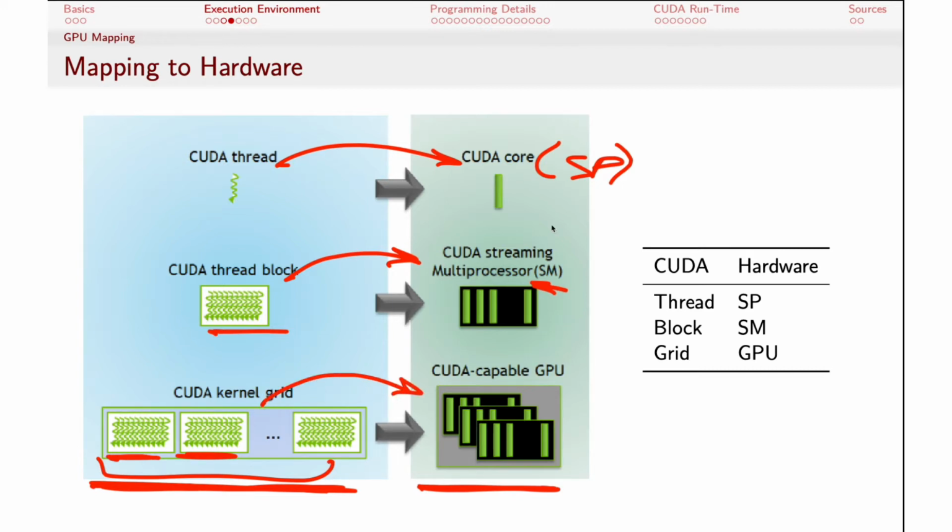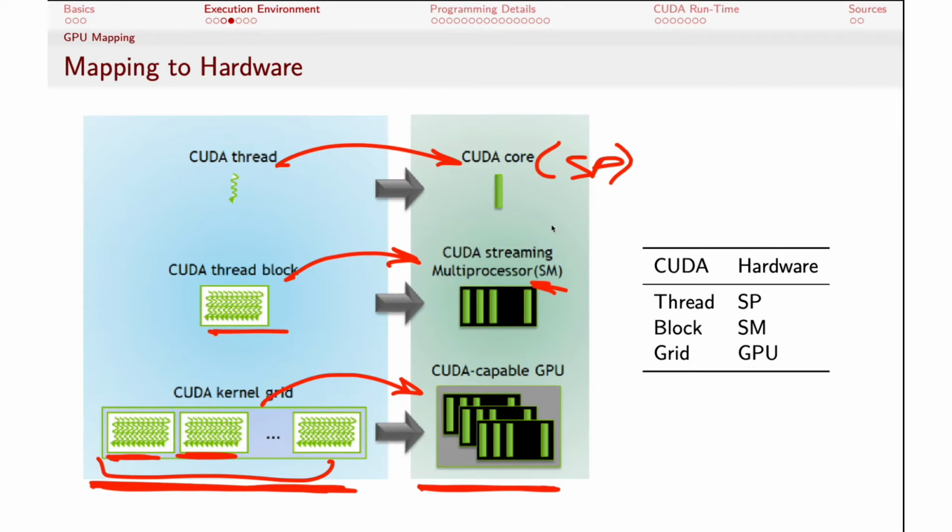So when I first mentioned the notion of threads and thread blocks and grids, that seems kind of arbitrary in a way, right? There's nothing inherent in running a parallel program that requires us to group things in that fashion. But the point of those logical groupings of our execution model is to provide a nice way for the runtime environment to map it to the actual hardware. So we get a little bit more visibility into the structure of the hardware, which is why I wanted you to learn about the CUDA hardware before talking about the programming model.